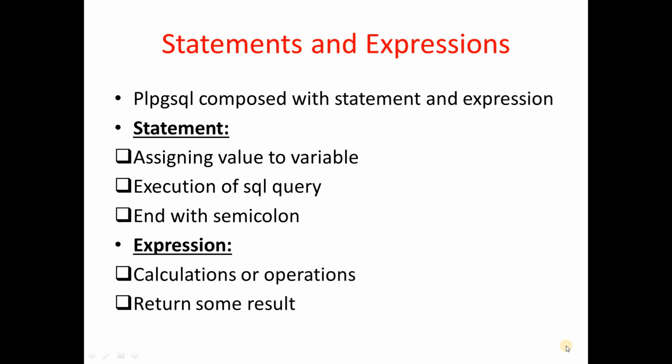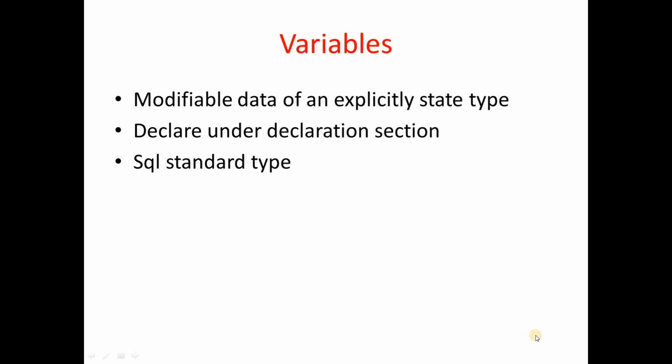Some calculations or operations which return some values are known as expressions, and these also end with a semicolon. Then what are variables? We see the example, variable declaration: result integer, so result is our variable. What is meant by variable? A variable is modifiable data. Variable means we store a value which is modifiable.